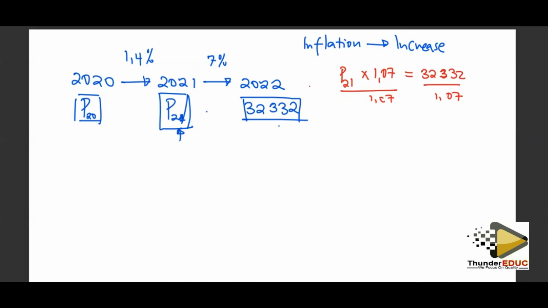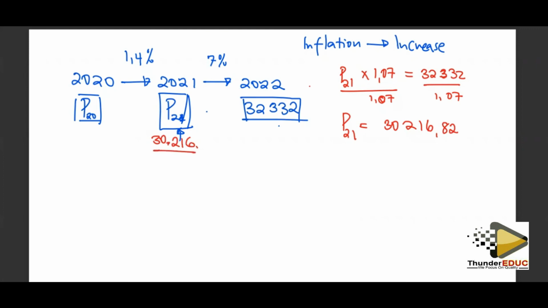I'm looking for the price that was increased by 7% to get that value. So 32,332 divided by 1.07. So the price in 2021 is 30,216.